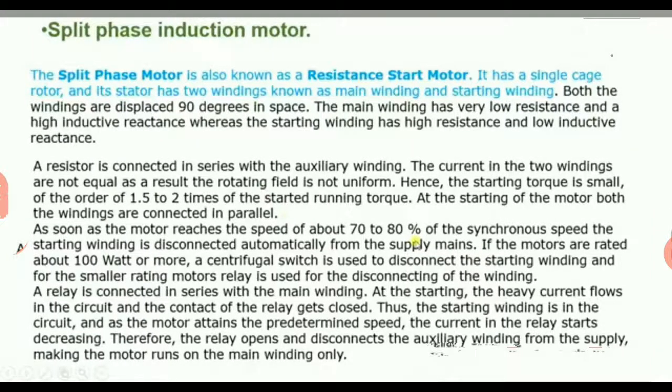Thus, the starting winding is in the circuit. As the motor attains the predetermined speed, the current in the relay starts decreasing. Therefore, the relay opens and disconnects the auxiliary winding from the supply, making the motor run on the main winding only. So, here is the split phase induction motor principle.